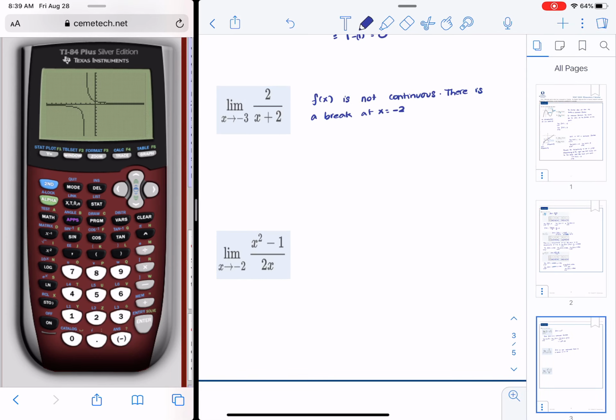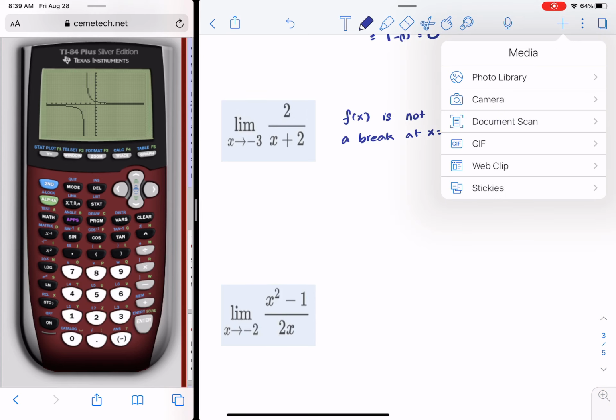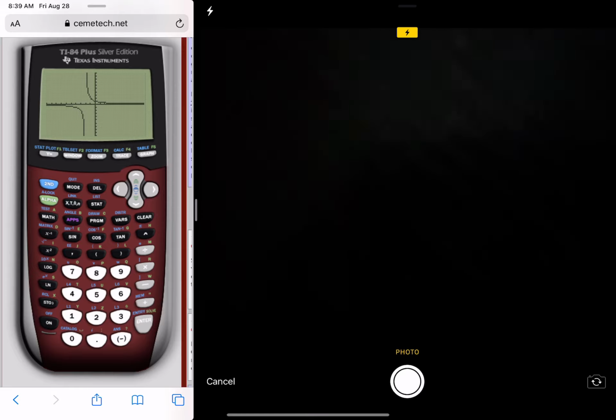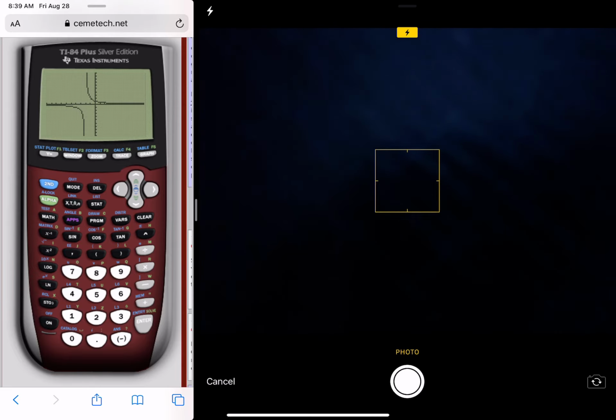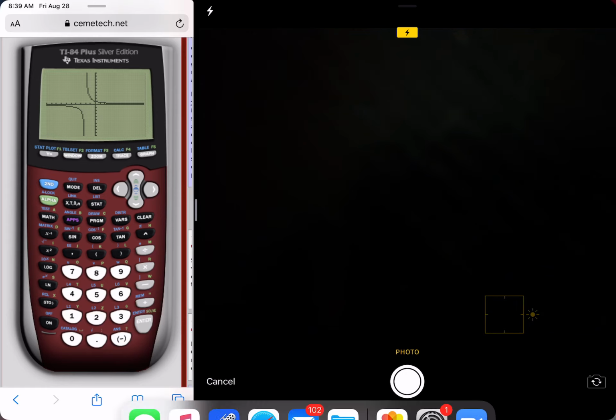Let's see if I can grab a picture. Wouldn't let me. Okay.